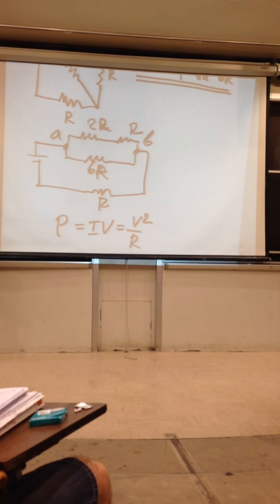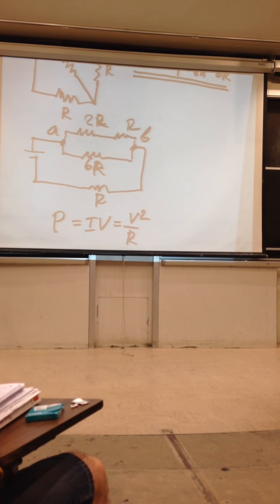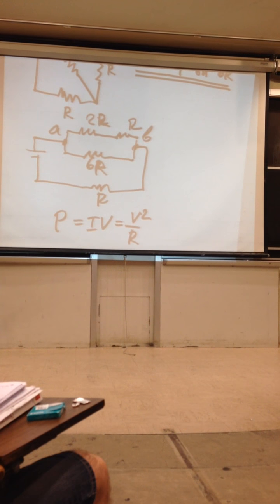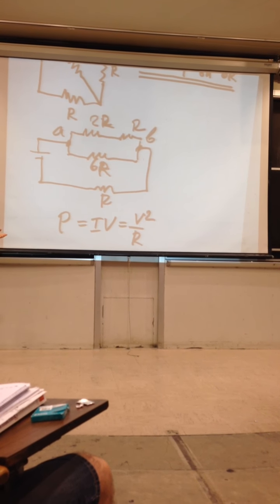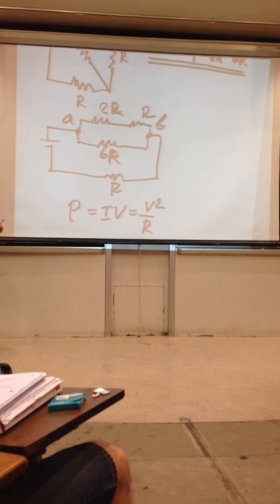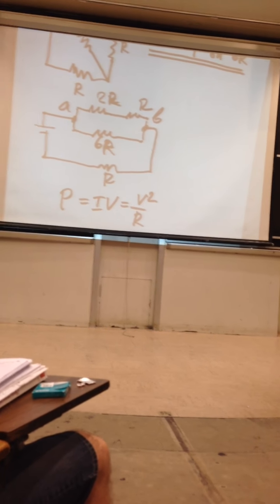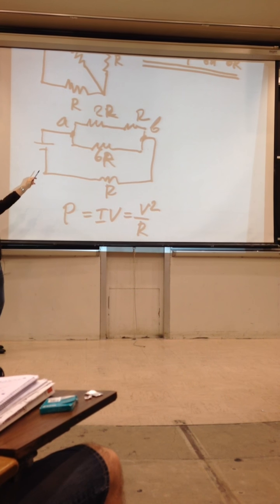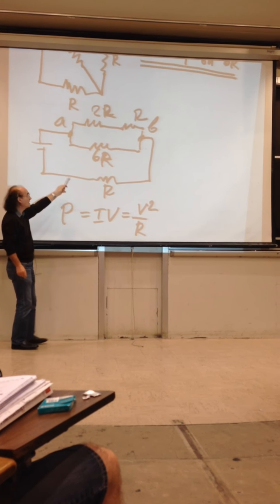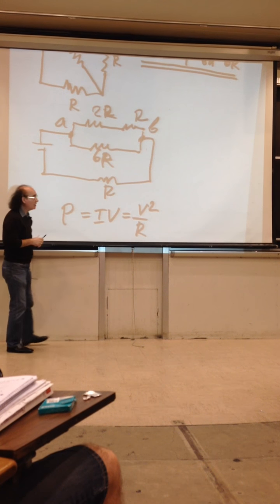You can determine the voltage if you first find the total resistance and find total current. Now the current is the same at any cross section. The current is the same at this upper unit, which is the same as here.